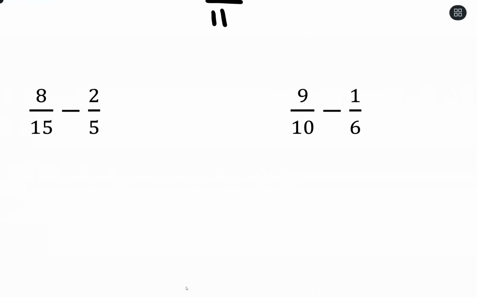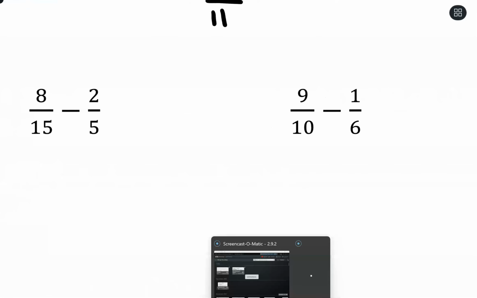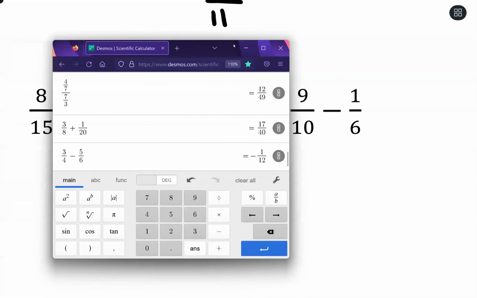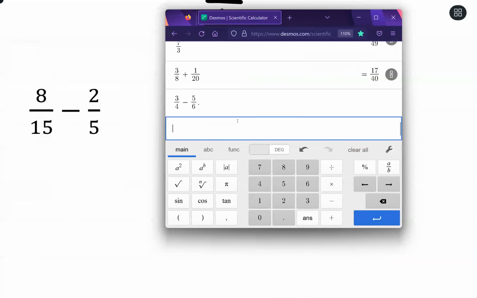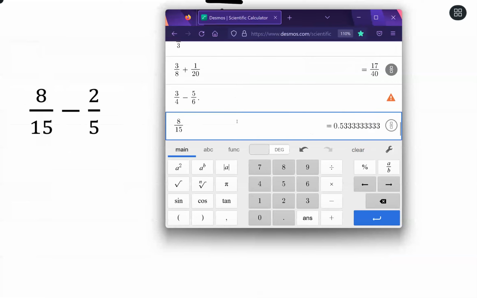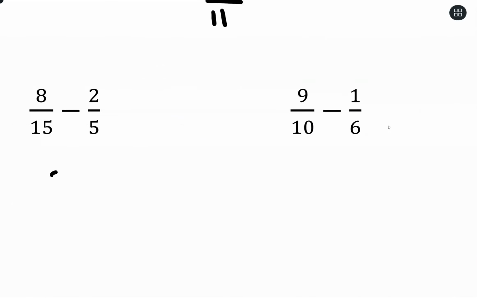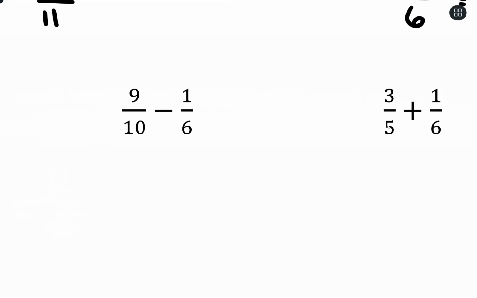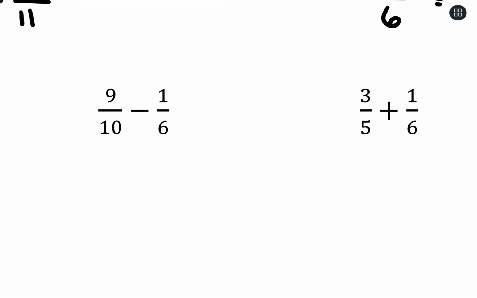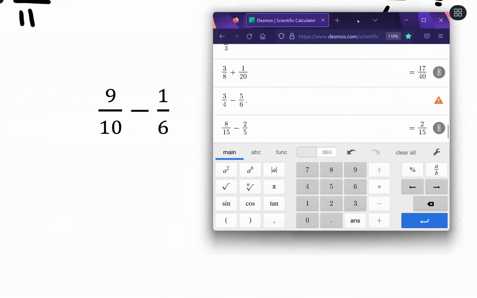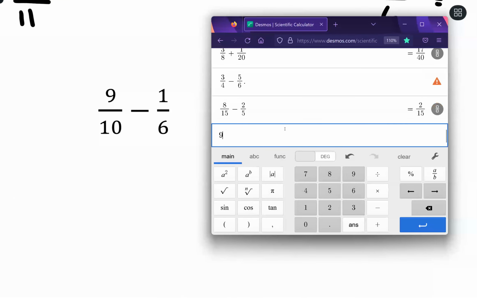All right. 8 over 15 minus 2/5, and then convert to fractions, so that's going to be 2/15. And let's see, 2 more here. Just plugging in the calculator and having it do the work for us.